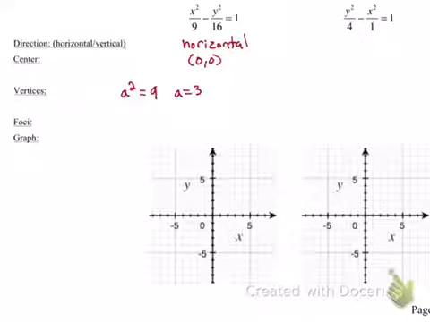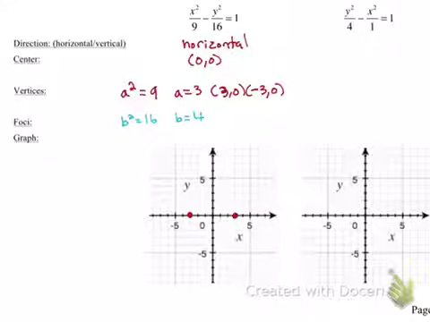So that means a equals 3. So from my center, I'll go right 3 and left 3, which would be the points 3, 0, and negative 3, 0. All right. That is where my hyperbolas will start from. But I have to do my conjugate axis and draw my box to get my asymptotes. So next, I have b squared, which is 16. So that means b is 4. Square root of 16 is 4.